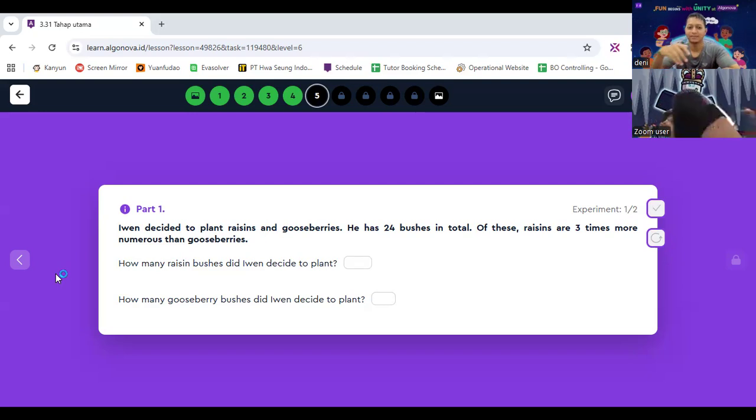Iwan decided to plant raisins and gooseberries. He has 24 verses in total. The total is 24. Of these, raisins are 3 times more numerous than gooseberries. 3 times more than gooseberries.